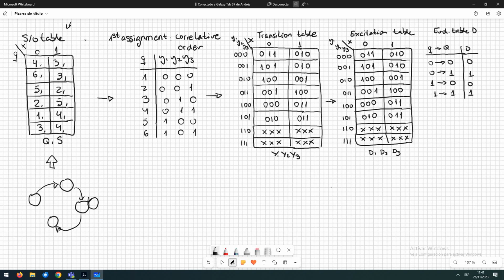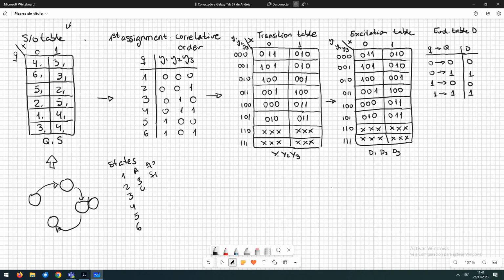Here we have 6 states, where we are going to consider that the states in this exercise are 1, 2, 3, 4, 5, and 6. We may have used A, B, C, Q0, Q1. It's a decision of ours. It doesn't matter. We can use the method we want to name these states.